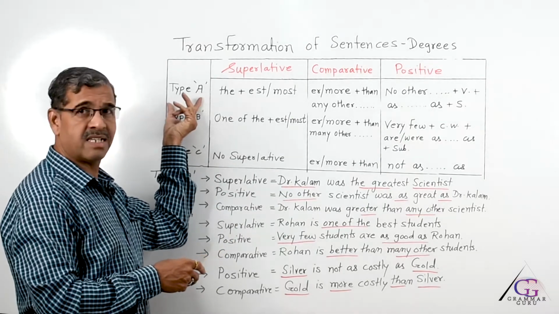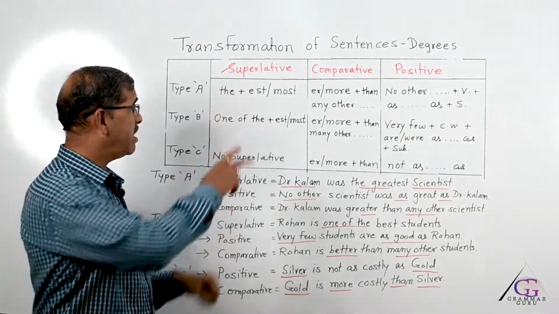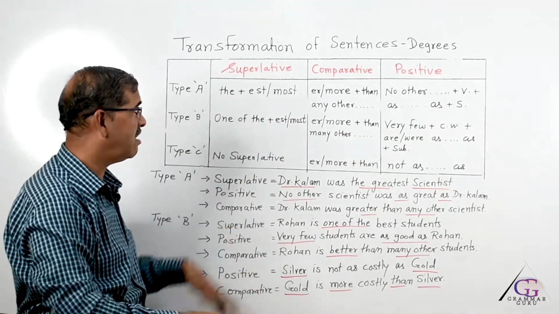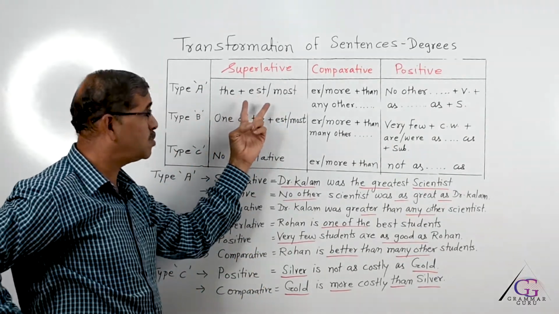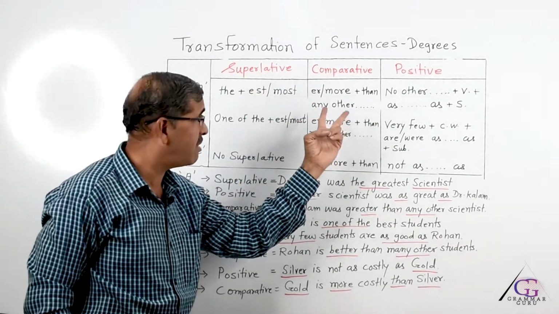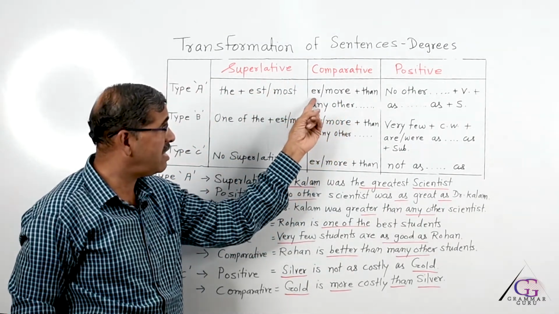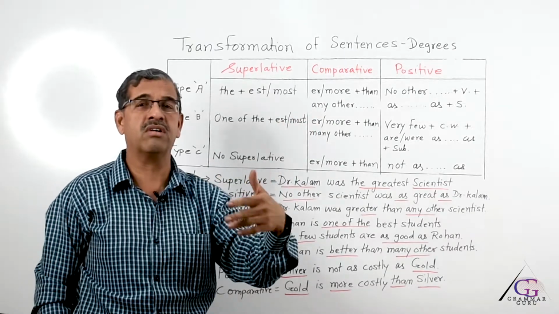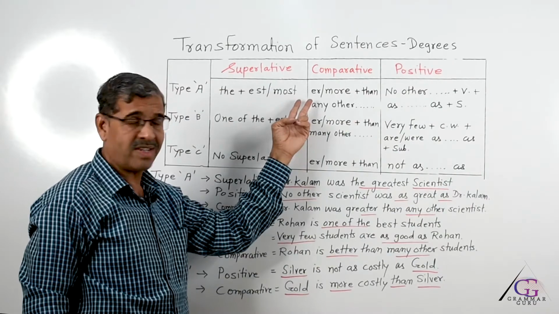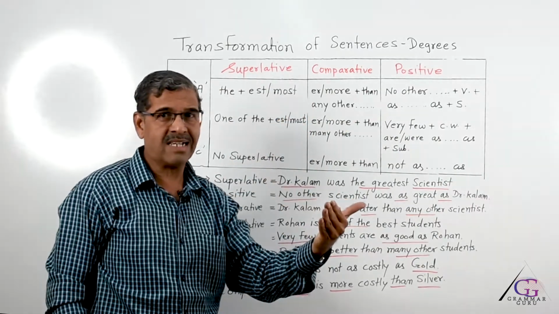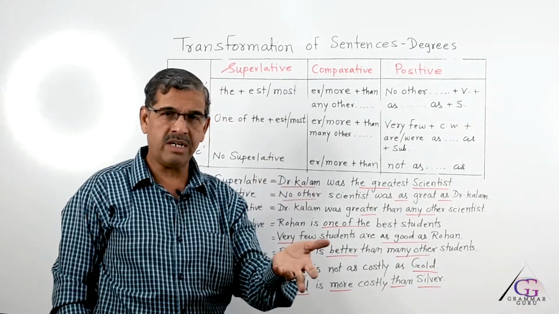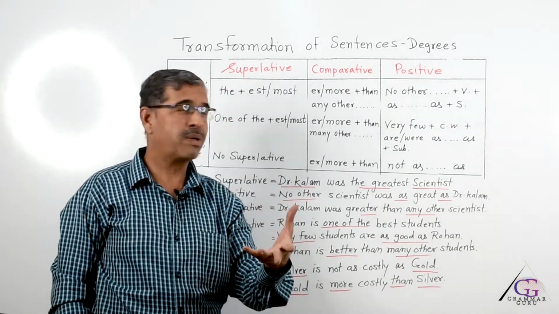If a type A sentence is there, in superlative degree there will be the adjective plus est, or most, as explained earlier. When we change this superlative sentence of type A into comparative degree, then there must be er, that is greater, stronger, longer, larger, better, that er form of adjective. If it is not that type of adjective, then it will be more beautiful, more intelligent, more striking, more presentable.